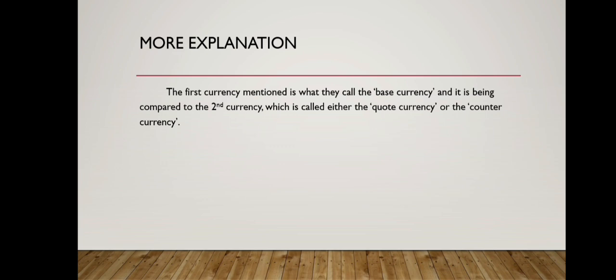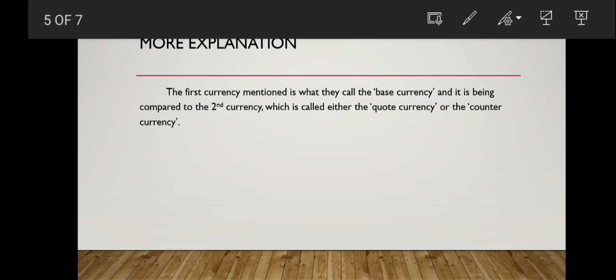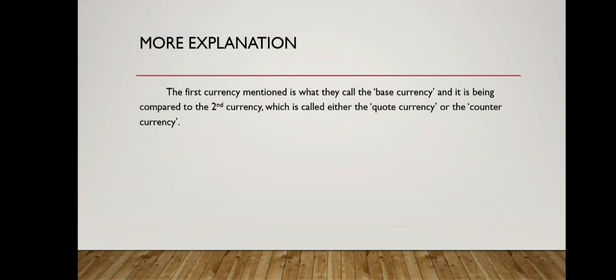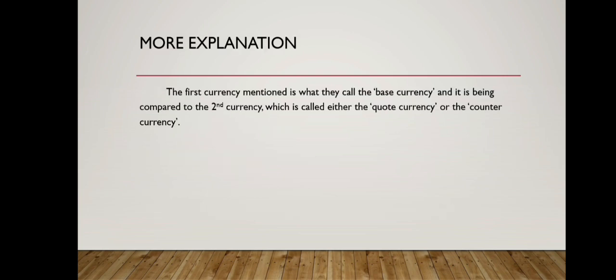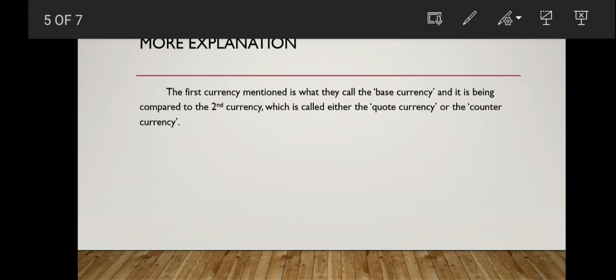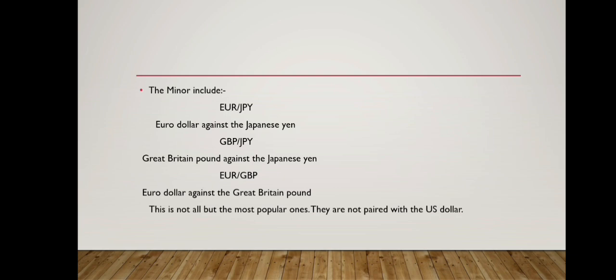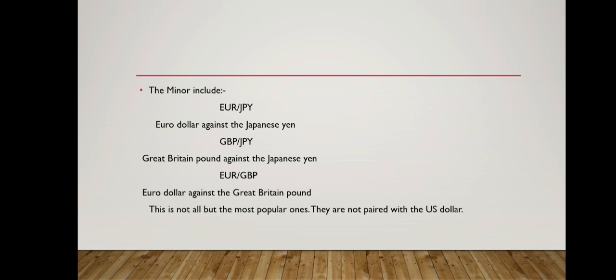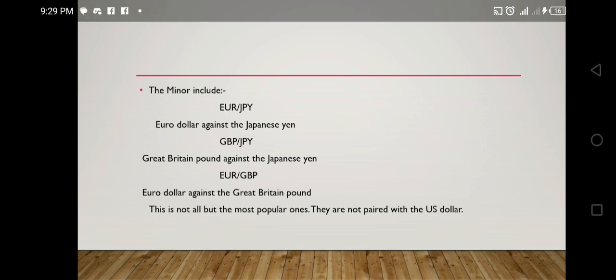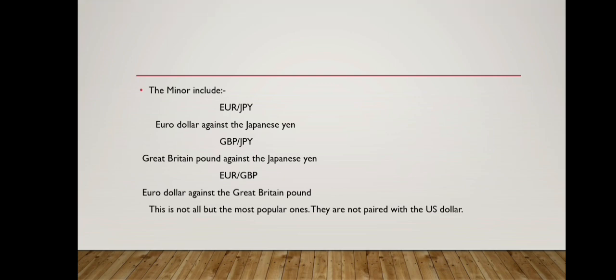So in a currency pair, the first currency is called the base currency, while the second one is called the quote currency or the counter currency.